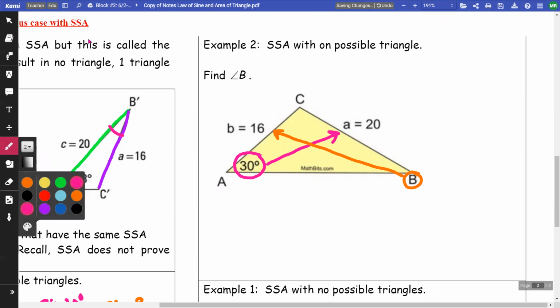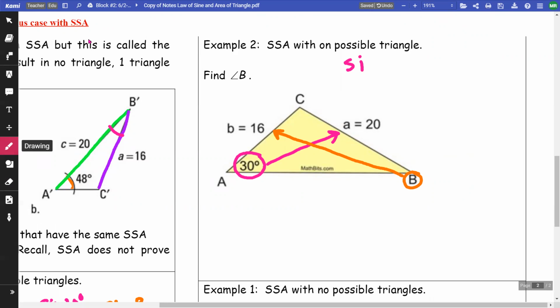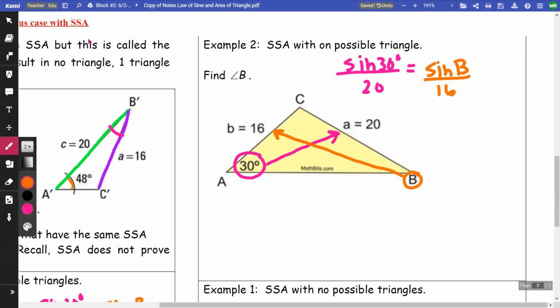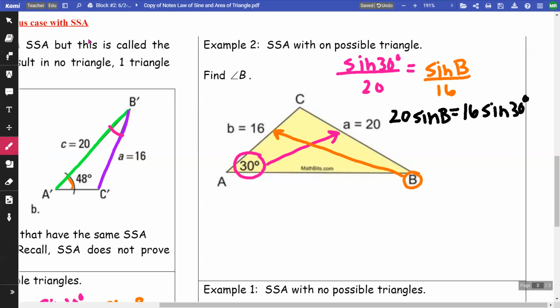So I'm going to take what I know, which is sine of 30 degrees over 20 is equal to sine of B over 16. I'm going to cross multiply. So 20 sine B equals 16 sine of 30 degrees.